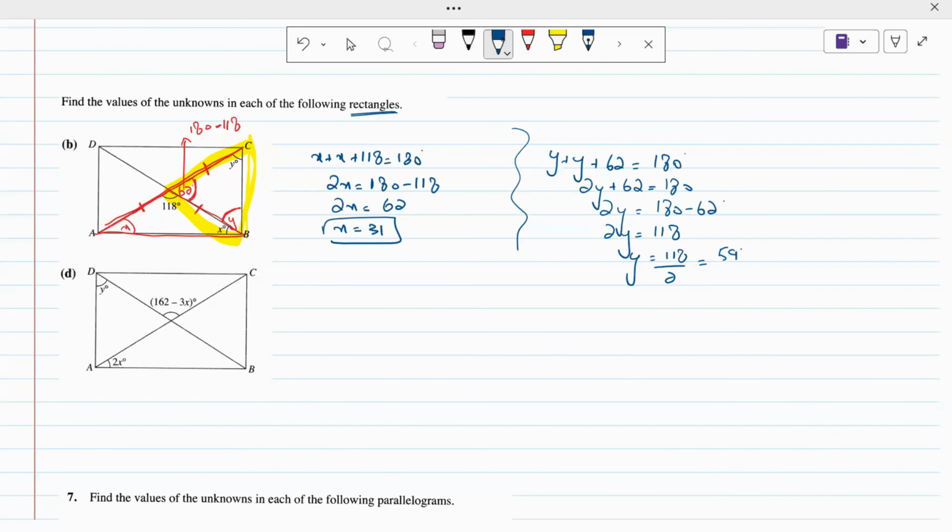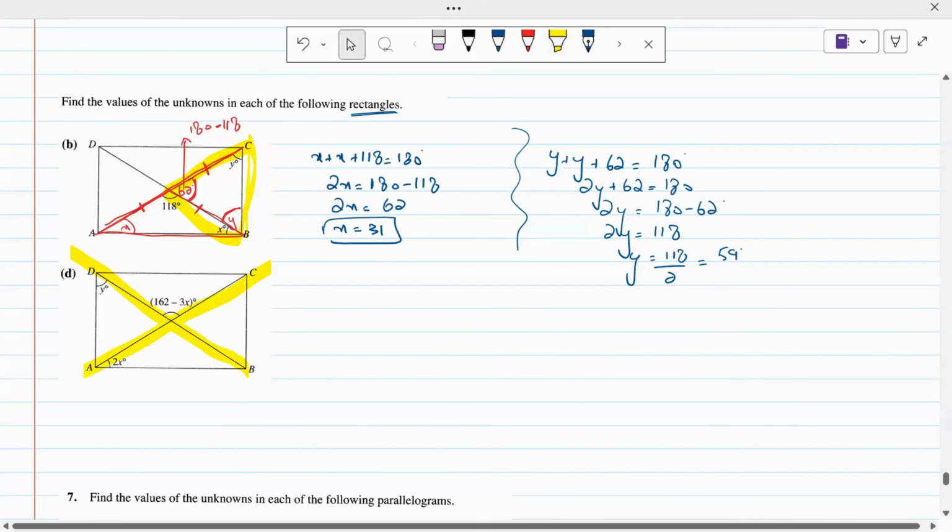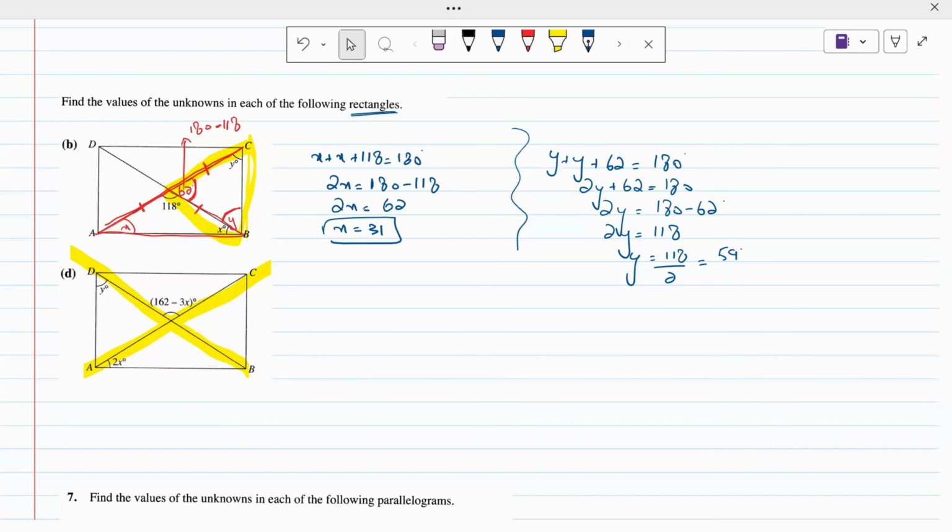Moving on to part D. What we can do here is focus on the diagonals, this AC and BD. In these geometry questions, we can relate alternate angles, vertically opposite angles and all.